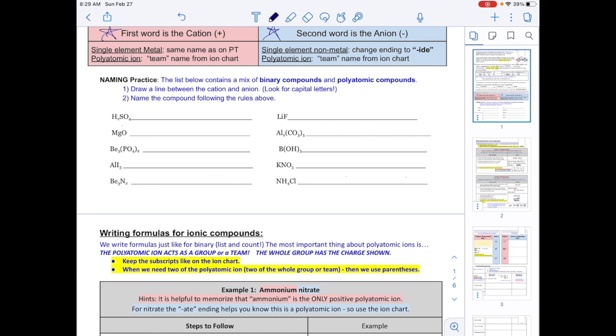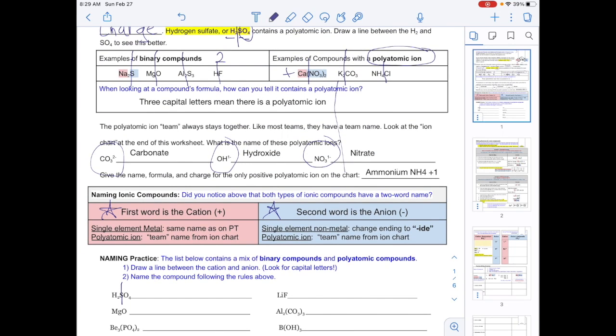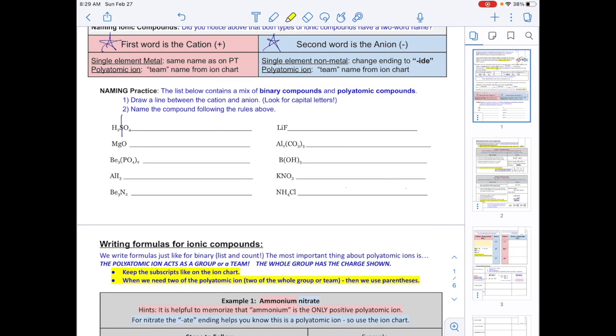I know that the polyatomic must be the second part because the positive one always comes first, and the only positive one is going to be this NH4, okay? So I don't see NH4 at the beginning of this formula here. It's just H, and then SO4.